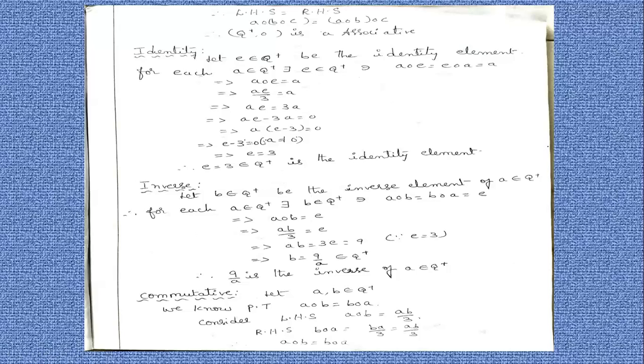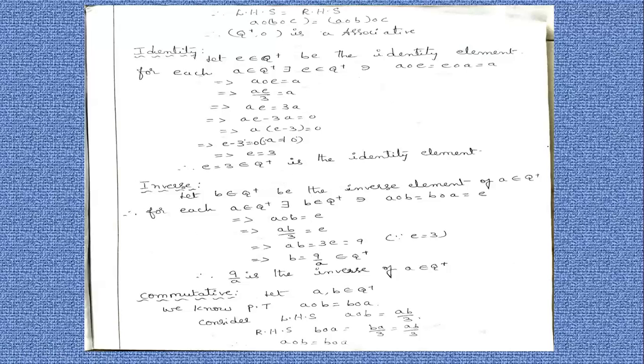Already we know that ab equals ba, since Q is the set of rational numbers, Q plus is commutative under multiplication. That means ab equals ba. Therefore, ab by 3 equals ba by 3 equals b circle a.